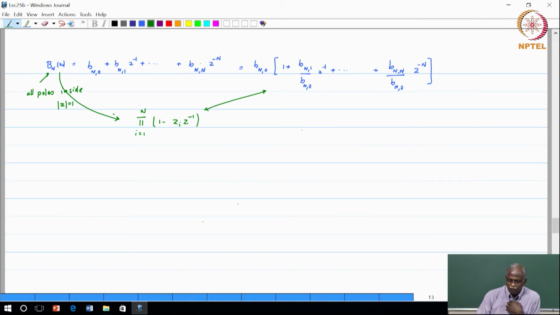Okay. You can verify that modulus of Bn comma n divided by Bn comma 0 is actually equal to the product of the poles, the radius of the poles. Okay. So, this is equal to the product of i equal to 1 through n mod Zi.